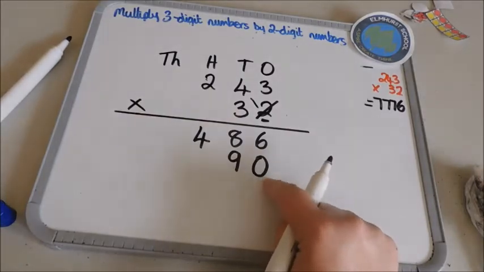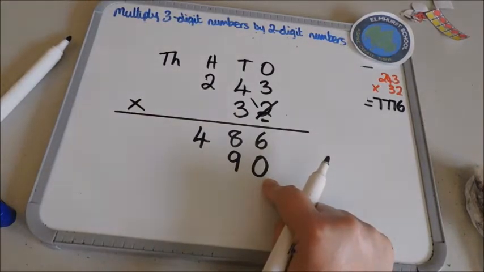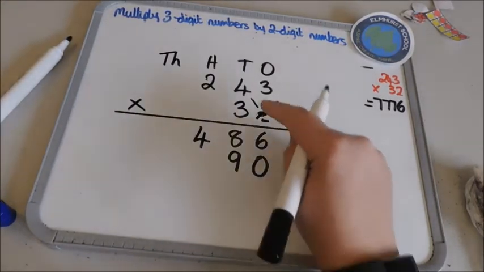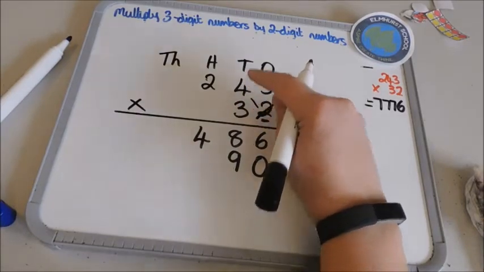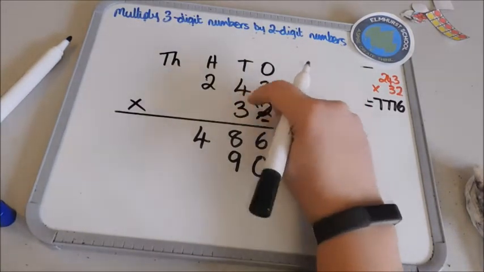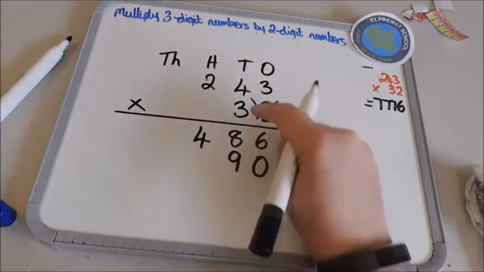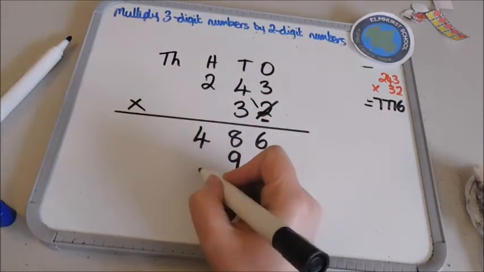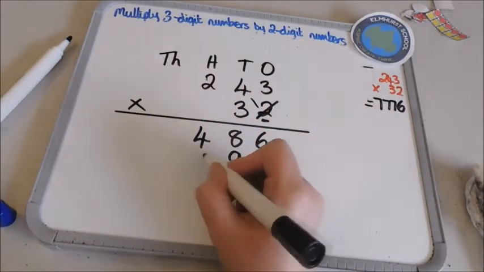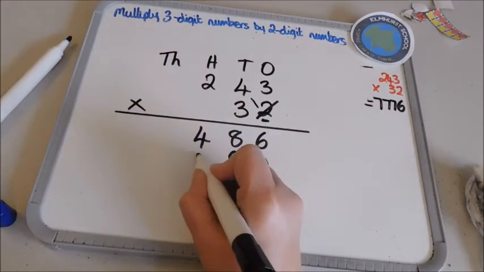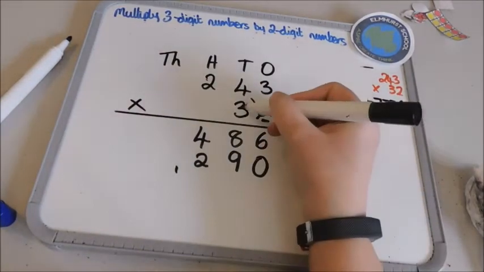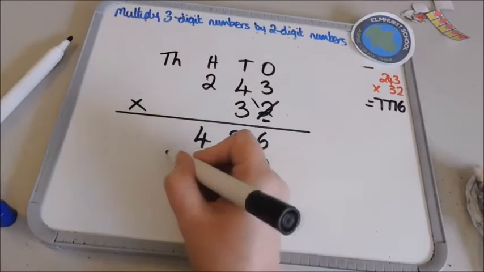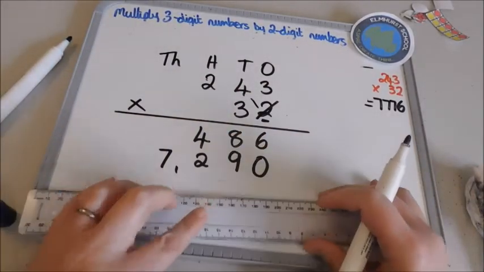But it's much easier if I put that 0 in first, and then I know I'm multiplying by a 10 number all the time. 3 tens times 3 is 9. 3 fours, 3 times 4 is 12, so I'm going to put 2 down, carry the 1. And then 3 twos are 6 plus that 1 is 7.